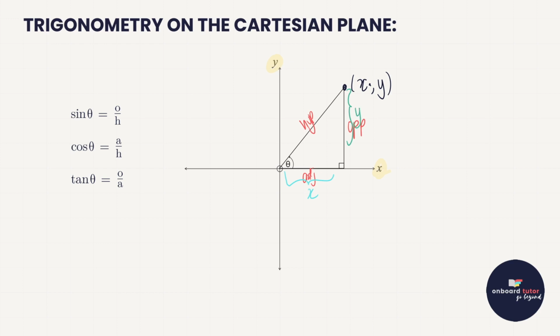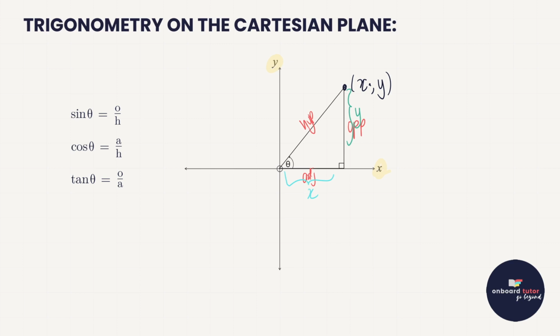So that's the y length there. It makes sense if you think about it. If you measure the x-coordinate at this point and drop it down, that would be the same value that we're dealing with for that side. And similarly, the y-coordinate here would be the same as the length between the x-axis and that point.